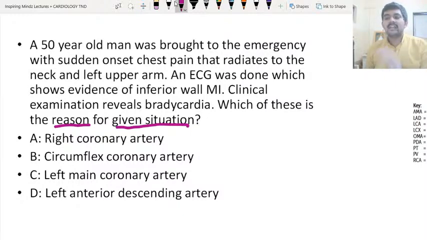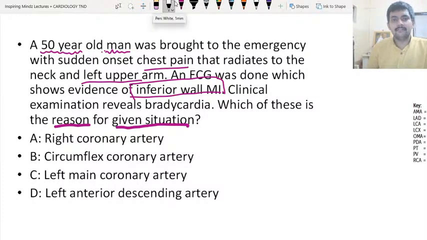Now you need to just highlight certain important words, right? What are those important words? See, a 50-year-old man who has come with chest pain, left upper arm. ECG is showing inferior wall MI. Now it's very simple: they have already given you the diagnosis and made it very easy for you.